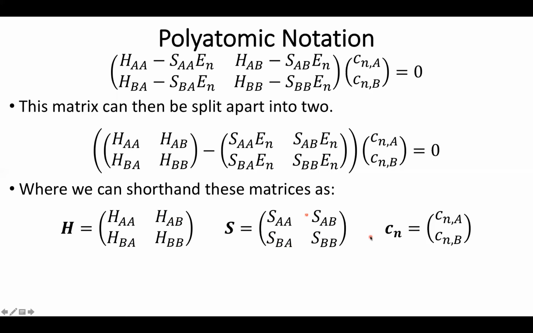And then finally, we have the coefficients of each of the atomic orbitals that goes into making the molecular orbital n. So in practice, if I have a 2x2, this will have values of 1 or 2, and we'd end up having a listing of the coefficient of atomic orbital A in molecular orbital 1 and the coefficient of atomic orbital B in molecular orbital 1.